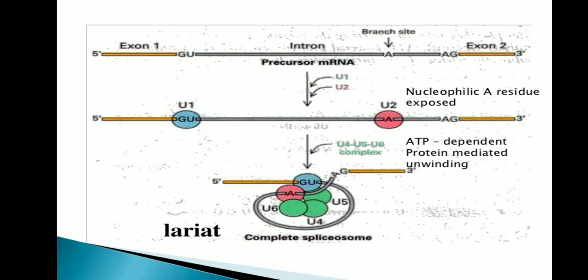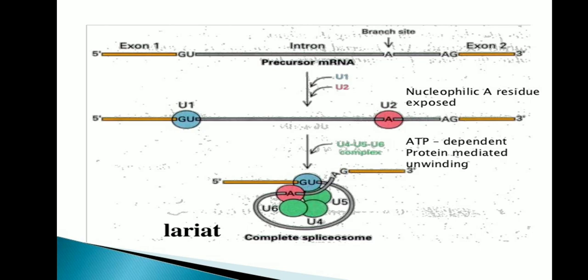These spliceosomes act in the nucleus. The first two bases of the introns are almost always guanine and uracil, and the last two are adenine and guanine. In addition to these two sequences at the intron exon boundaries, there is another sequence called the branch point. You can see the branch point here also.